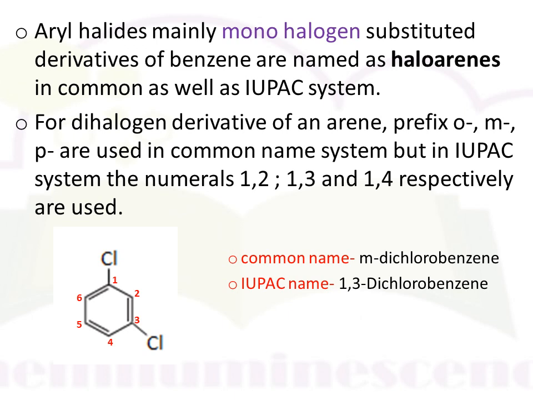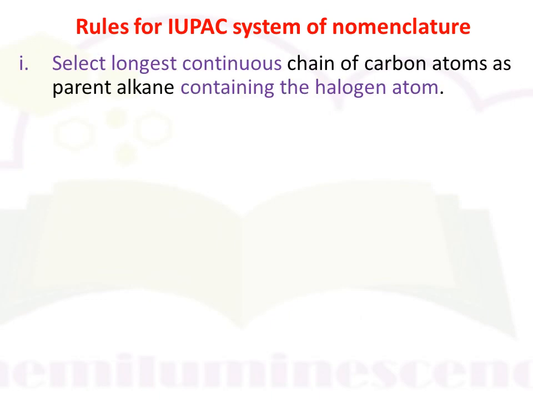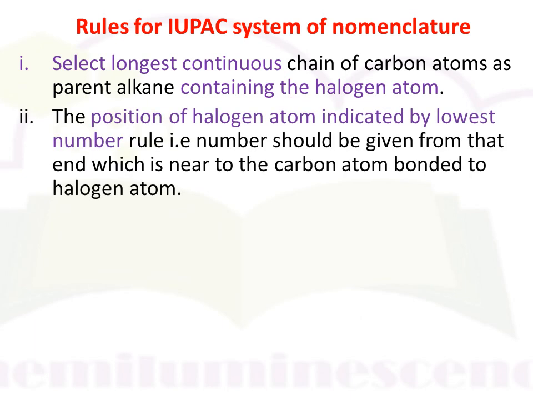Furthermore, there are some more rules for the IUPAC system of nomenclature. First one is to select the longest continuous chain which contains the halogen atom. What we have to do? We have to select that chain in which a halogen atom is present. Next rule is to indicate the position of the halogen atom with the lowest number.